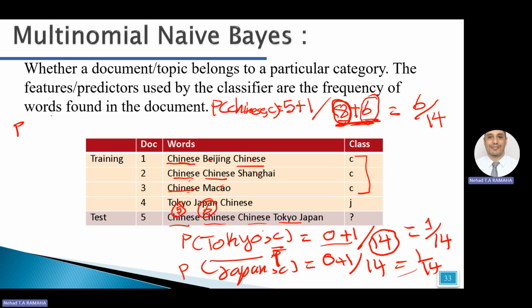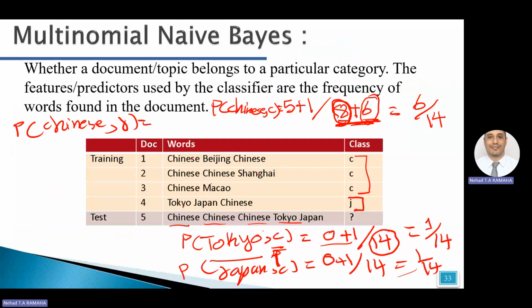Probability of Chinese with category J is equal to... we speak about this category, yes?